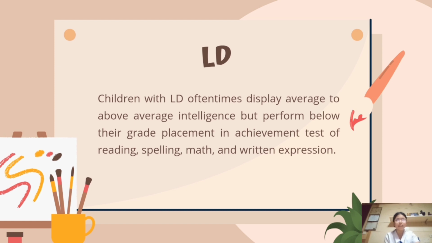But in specifying above average intelligence, a child may include quick learning, interest in unique topics, and the ability to process information fast, among others. So it's high, right? In short, a fast learner.